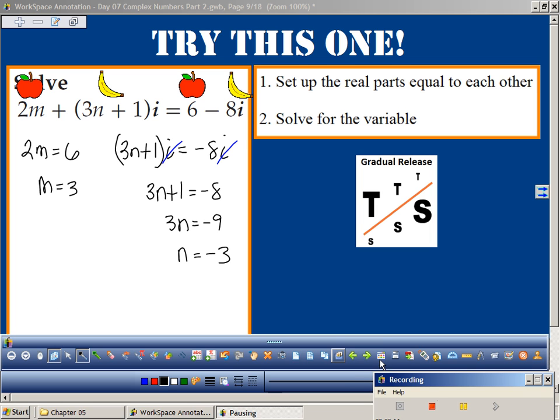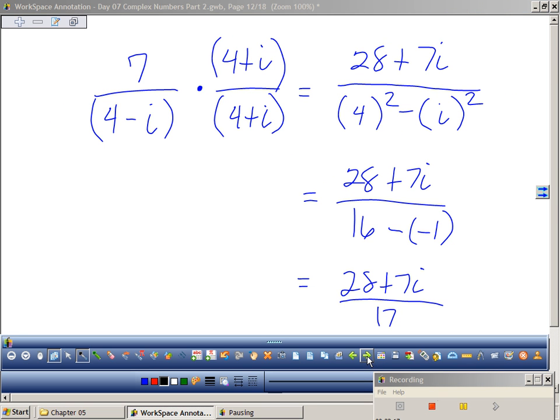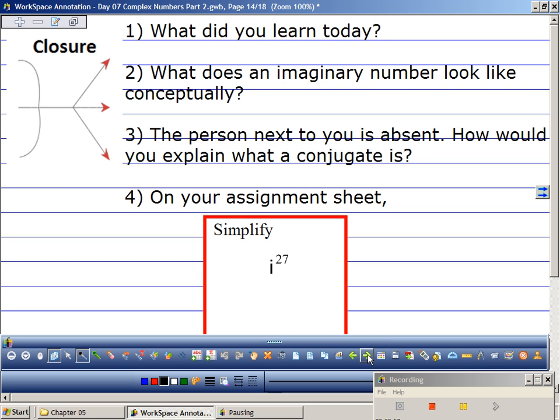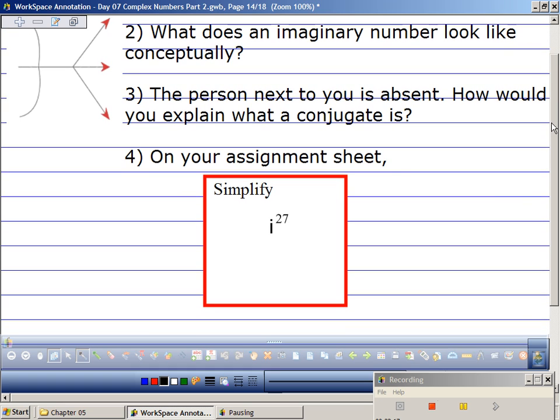No? Let's go to our closing thought and start working on some homework. Simplify this for me. What does an imaginary number look like conceptually?